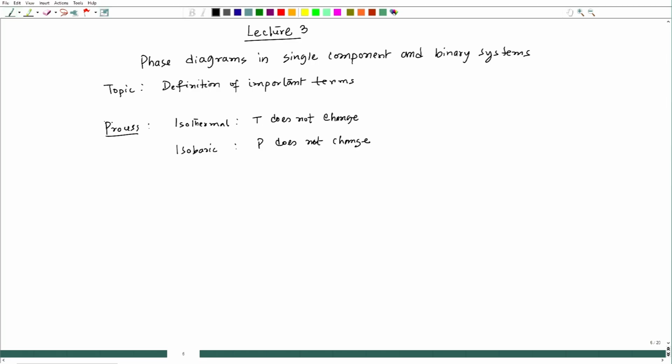Now, since we have talked about temperature and pressure, let us talk about parameters, properties, characteristics of a system. So, let us talk about properties of a system or parameters or characteristics.